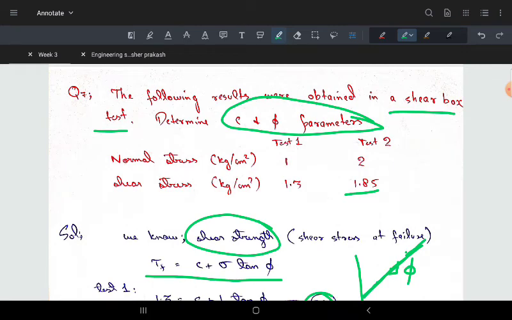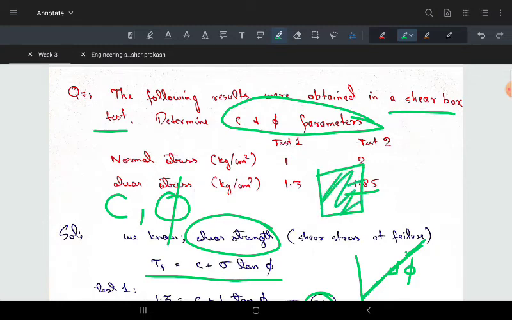Also I would like to explain a few things here. We know C is the cohesion intercept and phi is the angle of internal friction. If we have a soil, it doesn't have a constant C or phi. This C and phi depend upon the type of test we are doing and the drainage conditions in those tests.